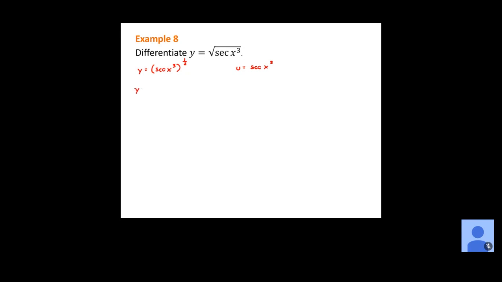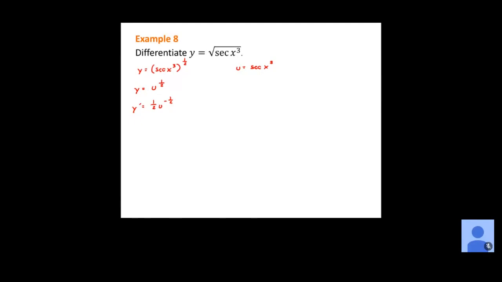So now I can rewrite my original function as just u to the 1/2 power, which means that y prime is going to be equal to what in terms of u? Good. 1/2 u to the negative 1/2.